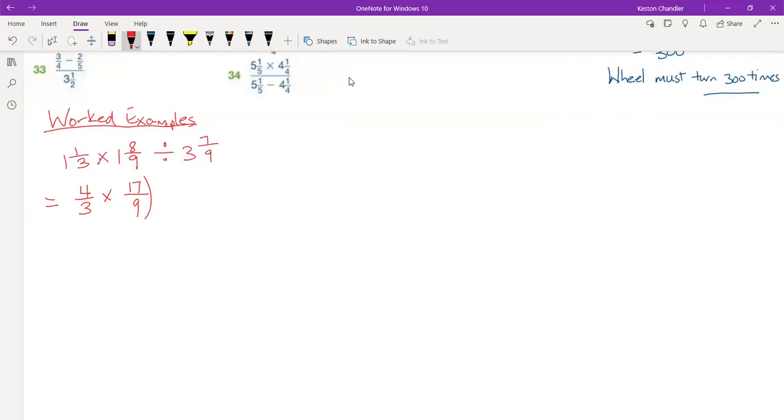Now we need to work this part out first before we can divide it by this other part here. But before we get to actually dividing, you always convert all mixed numbers to improper fractions. So 3 9s are 27, and 7 is going to give me 34 over 9.